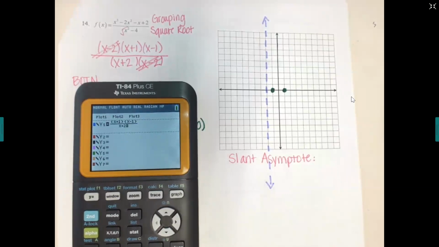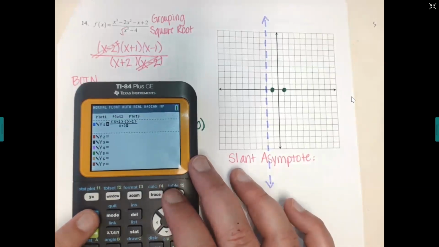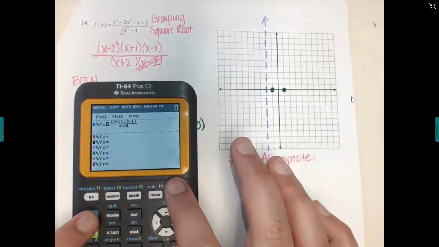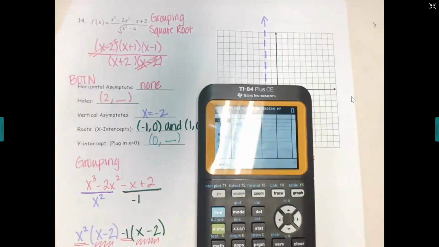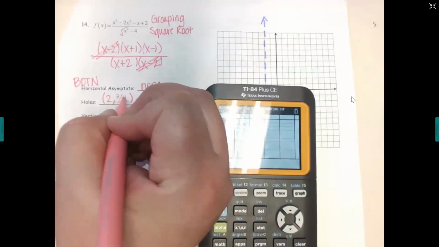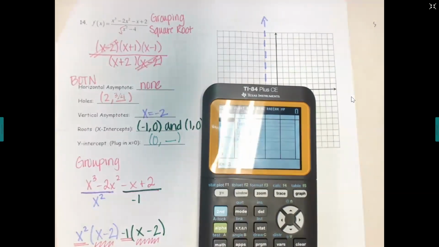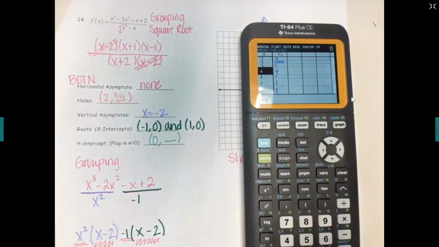And then remember, you're checking your table to find those y values. Okay, he's got it. So I see 2's partner is 3/4. And then I see 0's partner is -1/2.